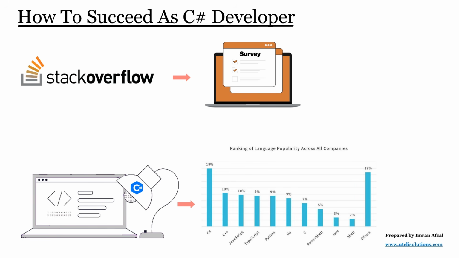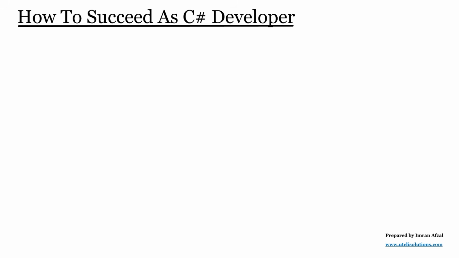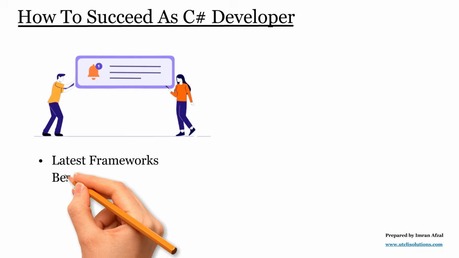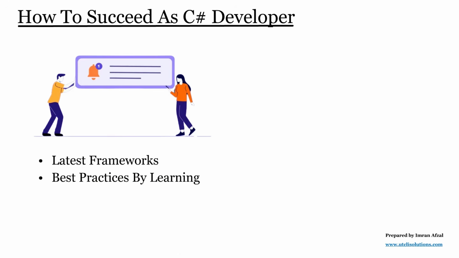All right, so now let's get back to the topic, how to succeed as a C Sharp developer. It is important to stay up to date with the latest advancements, frameworks, and best practices through continuous learning. Explore more online resources.